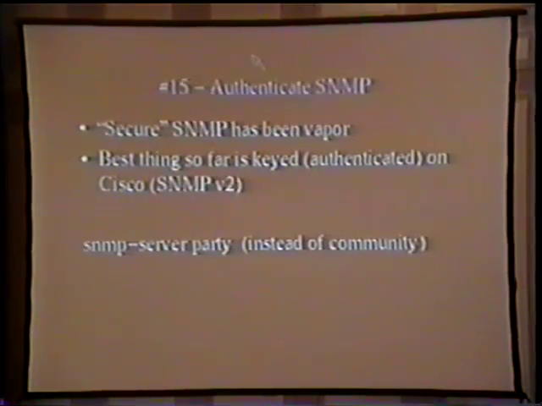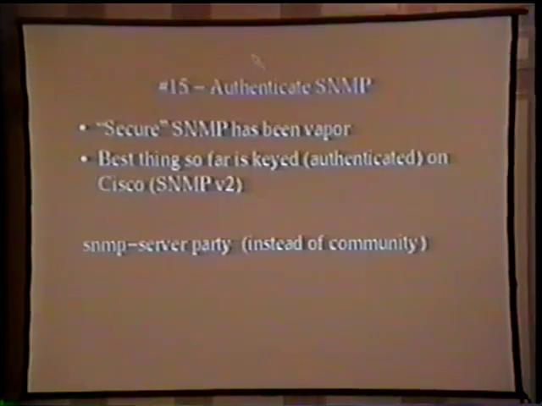So that's another thing that you may want to take care of. The next thing, you want to authenticate SNMP. Now the problem is that secure SNMP really has been kind of vapor. Something we keep hearing about, that someday there's going to be secure SNMP. Well, it's just not out there yet. So the best thing we have so far is a keyed, meaning authenticated, SNMP, which is version 2 on Cisco.